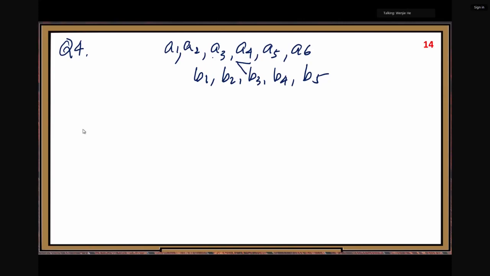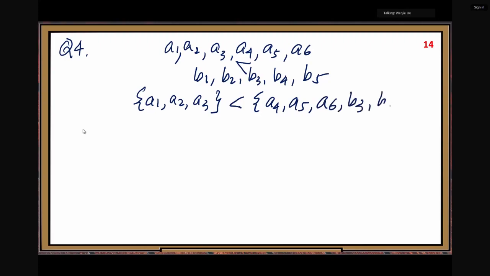Elimination tells us A1, A2, A3, all the elements in this set, are less than A4, A5, A6, and B3, B4, and B5. First, we can see that each element in the first set is less than each element in the second set.